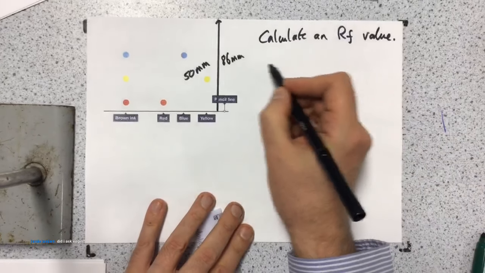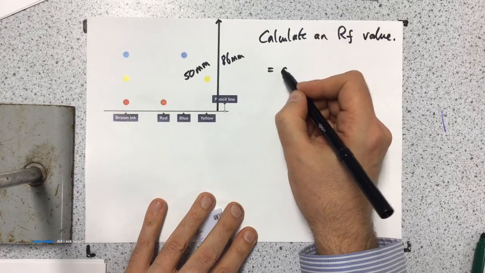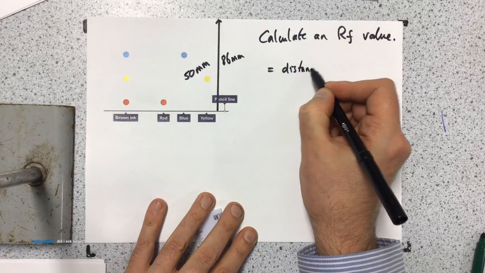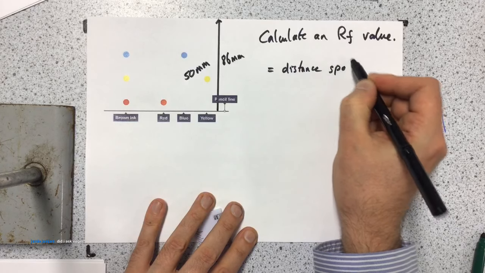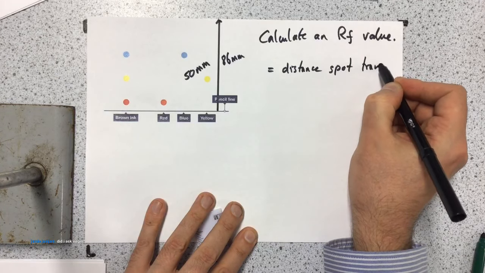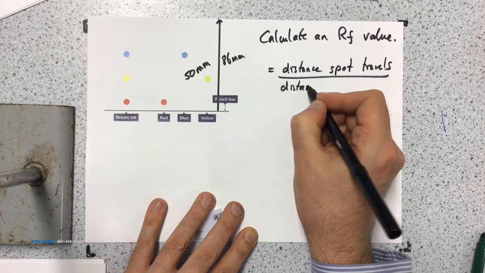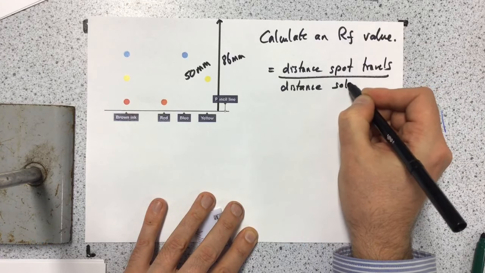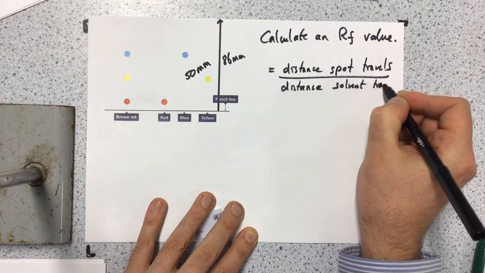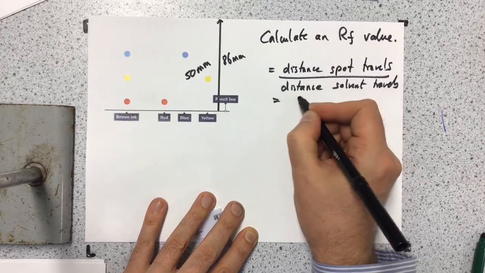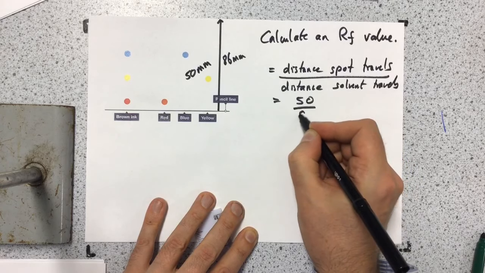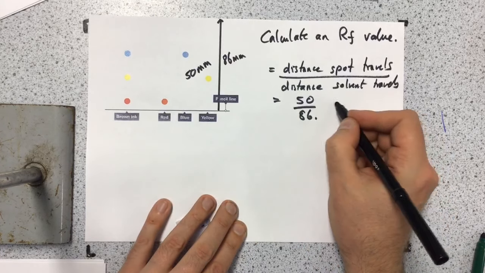Now your RF value is the distance the spot travels divided by the distance the solvent travels. So you would do 50 divided by 86, which will give you an answer.